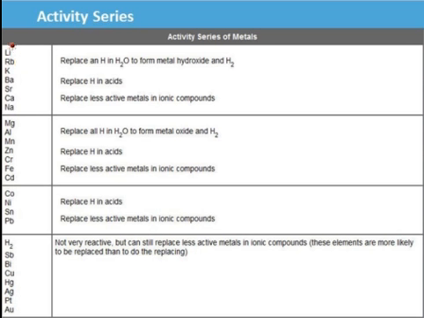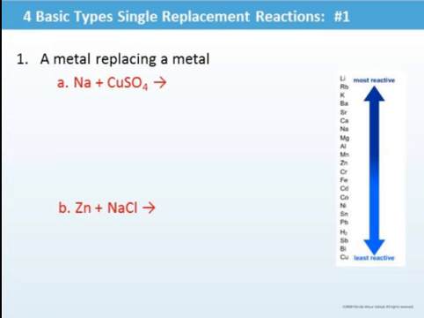If you have an element like lithium and it's going to try to break up a compound, it's going to. So the elements on the top are super reactive. The elements on the bottom, for instance, Au, which is gold, are not so reactive.